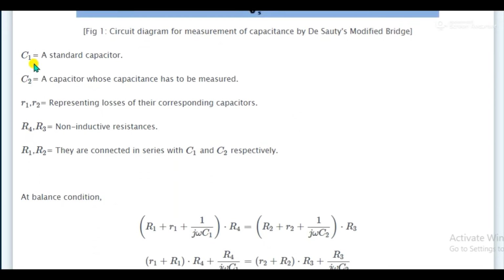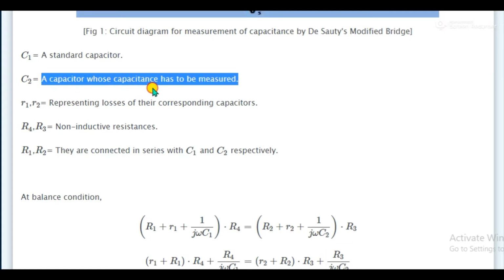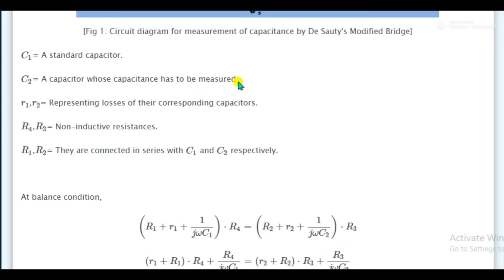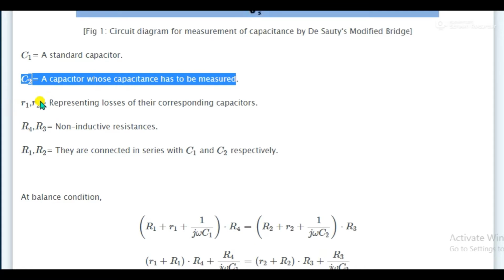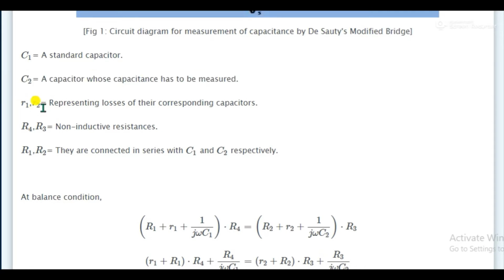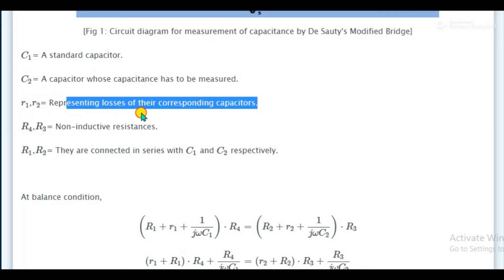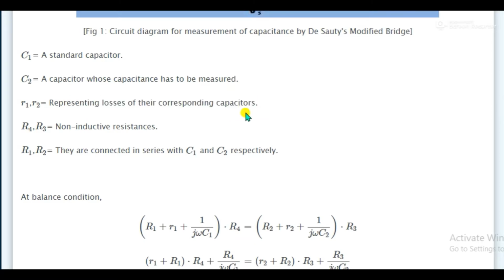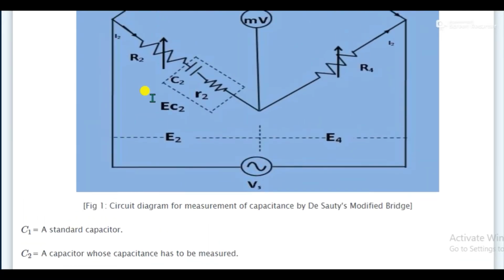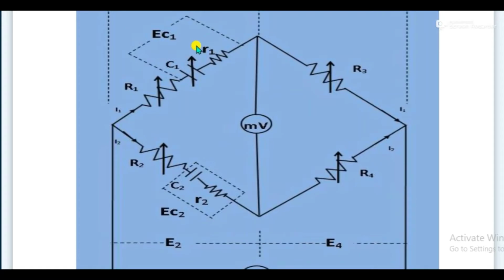So here C1 is a standard capacitor, C2 a capacitor whose capacitance is to be measured. We are going to measure this capacitance. R1 and R2 representing losses of their corresponding capacitors. This R1 and R2 will represent the loss in the capacitor, and these are the actual resistances.